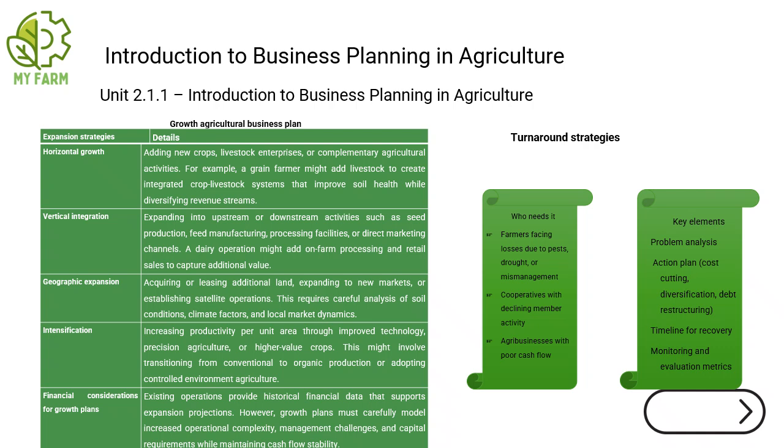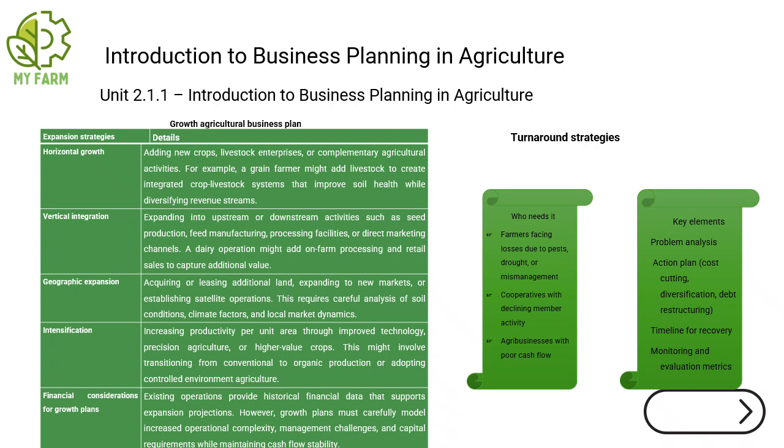One common approach is horizontal growth, which involves adding new crops, livestock enterprises, or complementary agricultural activities. For example, a grain farmer might introduce livestock to create an integrated crop-livestock system. This not only diversifies revenue streams, but also improves soil health through nutrient cycling and better land use.